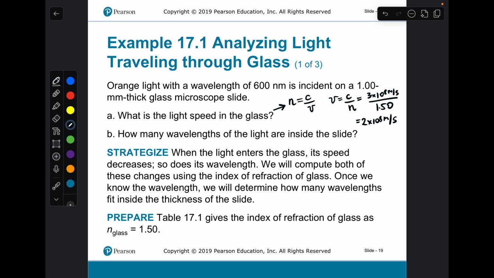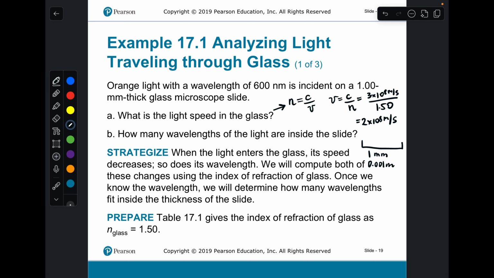Now the question is, how many wavelengths of light are inside the slide? Well, the slide is 1 millimeter thick, and 1 millimeter is 0.001 meters. We want to know how many wavelengths exist in 0.001 meters. First, we need to determine the wavelength of the light inside the glass slide.